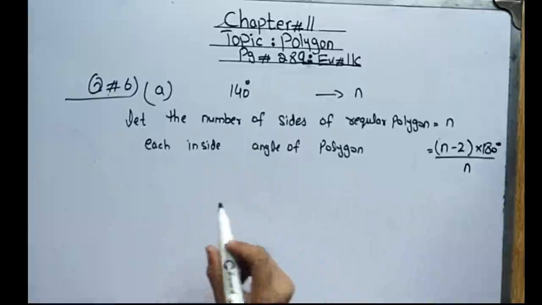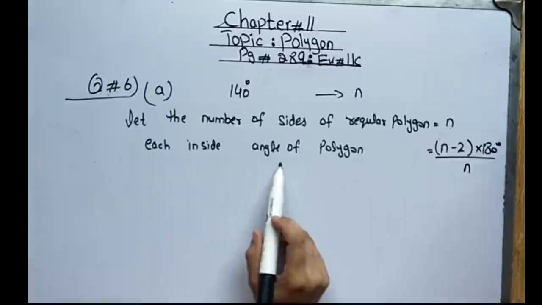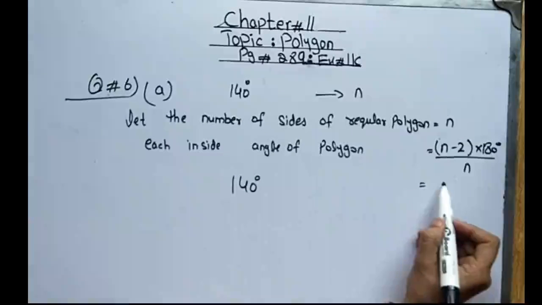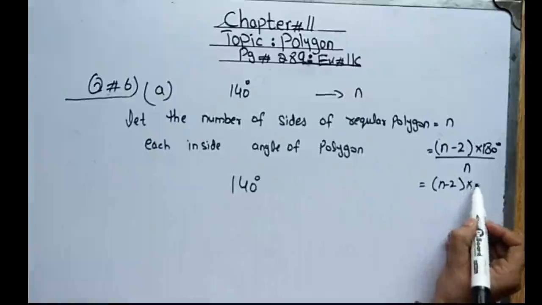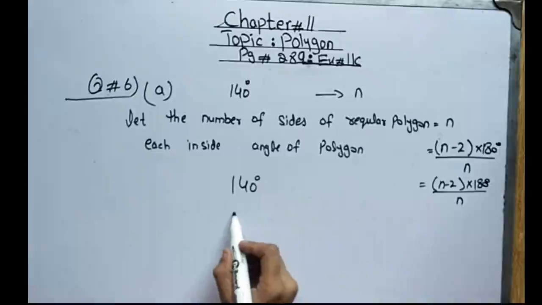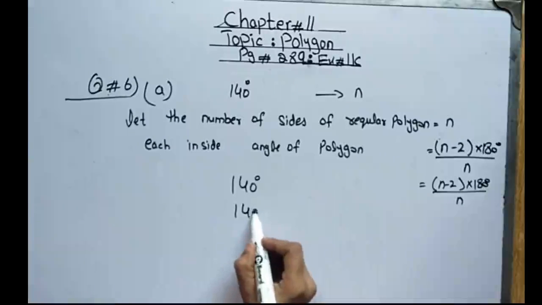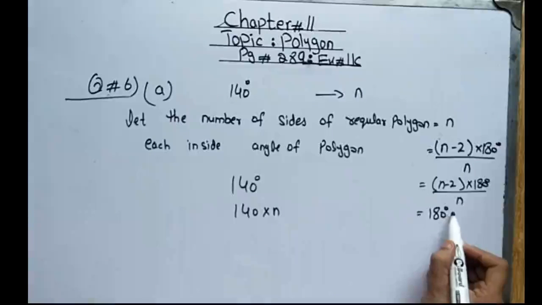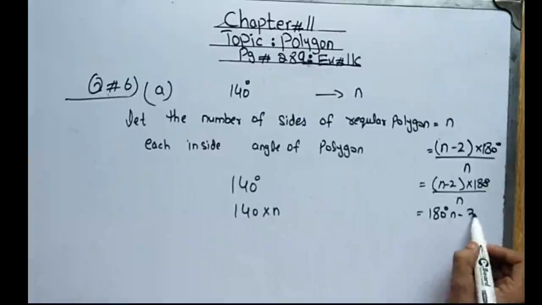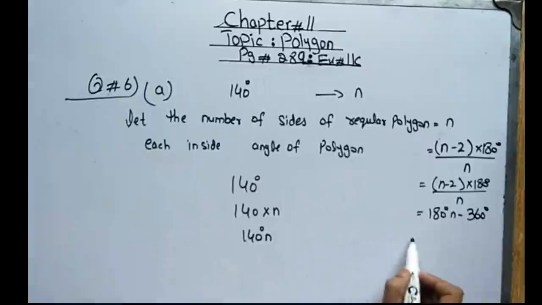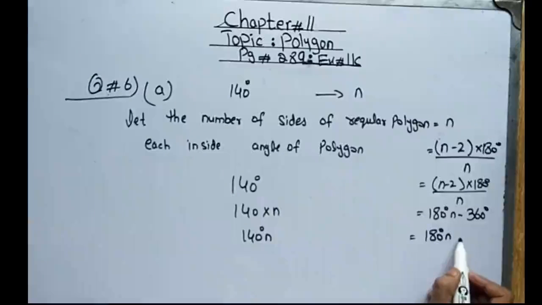Now put the value of each, meaning one interior angle, which is given as 140 degrees, equal to (n minus 2) multiplied by 180 degrees divided by n. So n will move to the other side and multiply with 140. 140 times n is equal to 180 times n minus 2 times 180, which becomes 360 degrees. So 140n is equal to 180n minus 360.